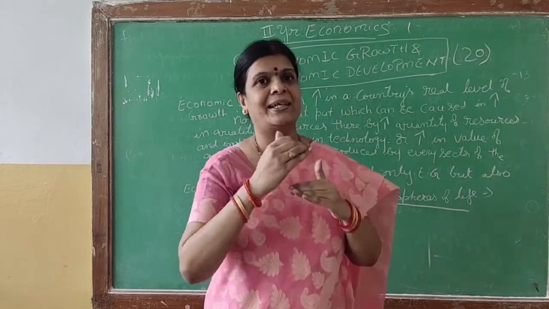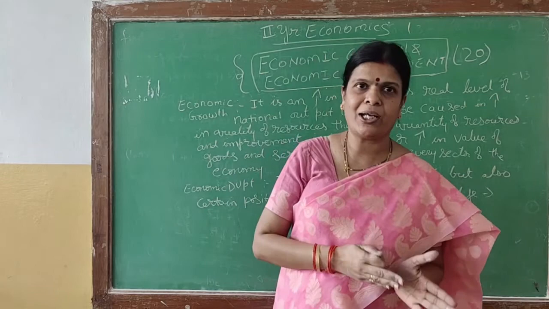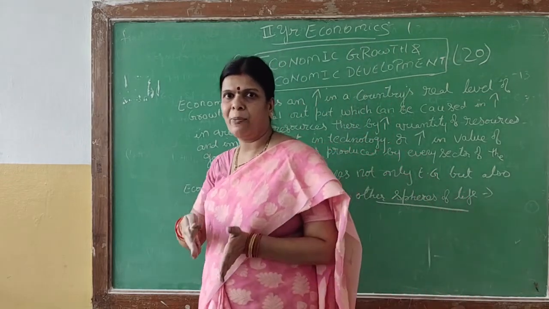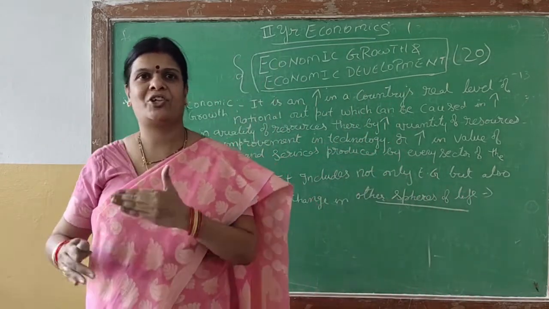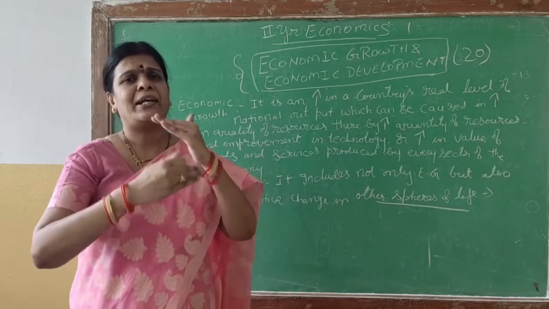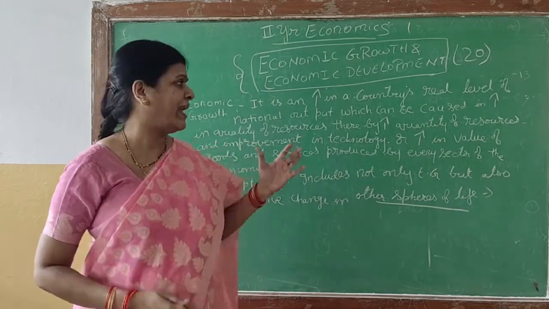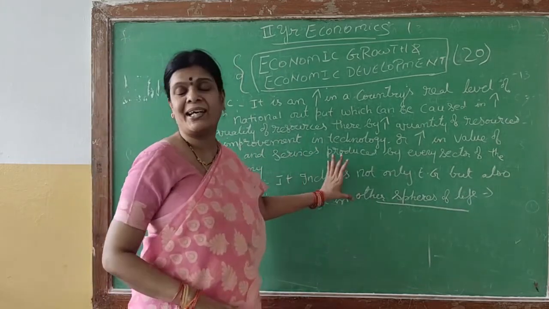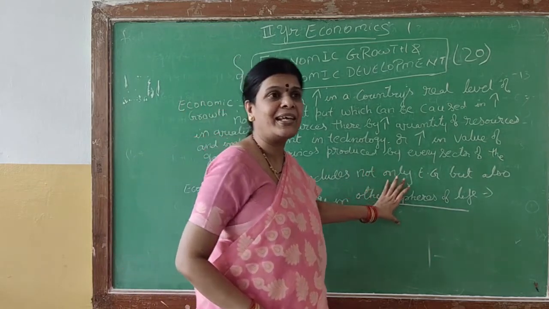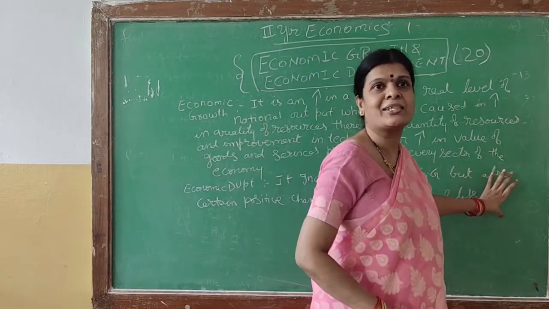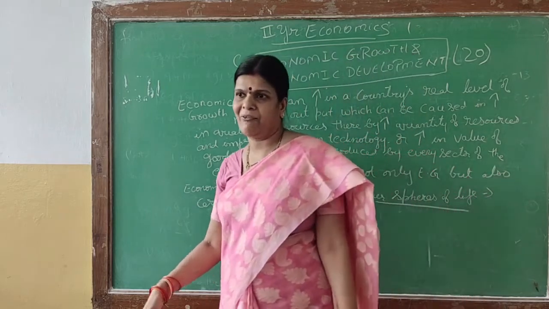Multi-dimensional changes in the economy. Not only social, economic, political and cultural changes should be continuous throughout. It is a very wider concept. It takes at least 20 years to attain economic development.